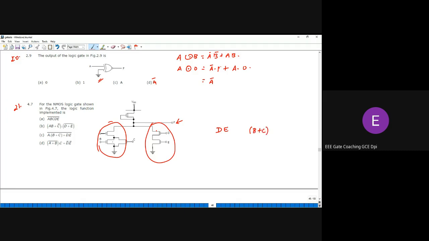So B plus C is in series with A. Now this DE and A into B plus C are in parallel. So the whole bar of this one is your F. So the inverse of this logic is your F. What's the answer? A into BC plus D. So answer is C.